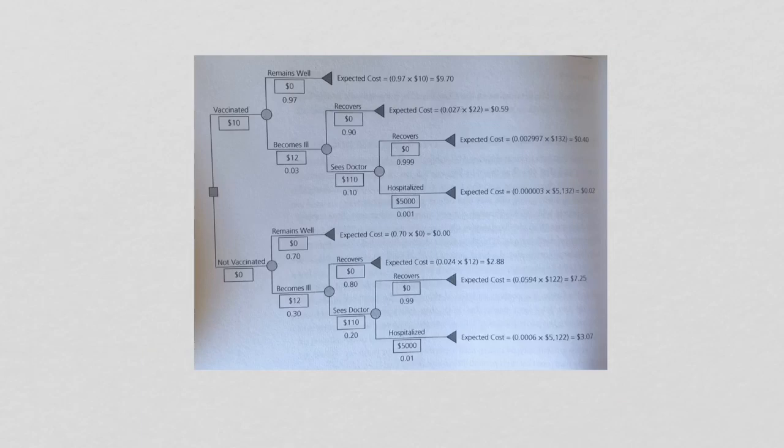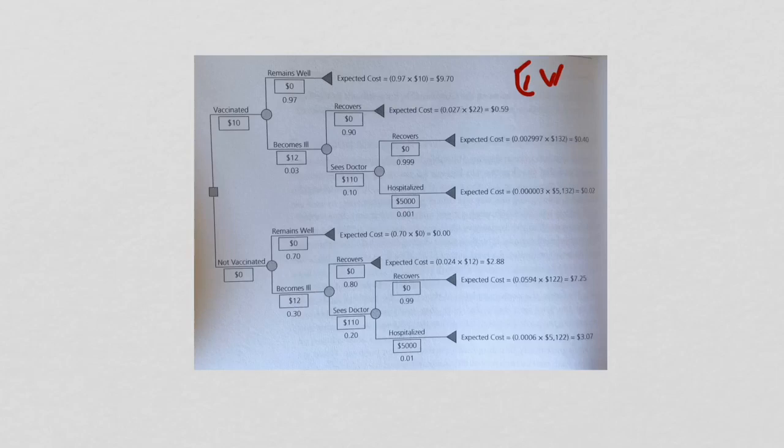So what is missing? Well, we're missing the expected value at the end of each of the terminal nodes. So how do we determine this? Well, you determine the expected cost, or you can think of it as the expected value, of each of these terminal nodes by taking the probability associated with that particular strategy and multiplying by the dollars.